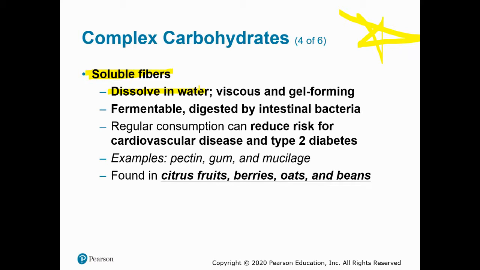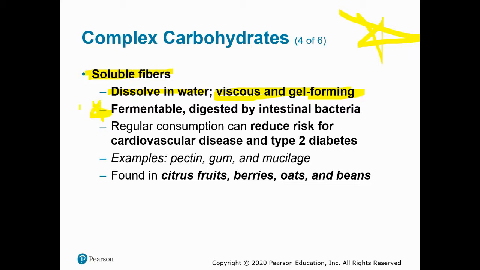Or even if you cook with soluble fibers, the classic examples are oats, chia seeds, even flax seeds. Even if you were to just put some oats in a bowl and then put water in them, the oats are going to soak up that water and kind of expand. Same thing with chia seeds or flax seeds. That's because they have so much soluble fiber. So we say these soluble fibers are viscous and gel forming.